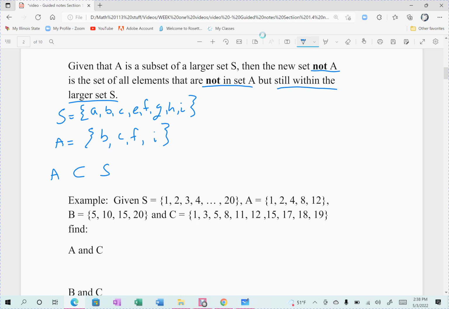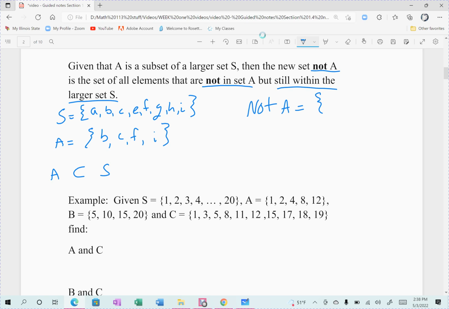And we want all of those that are not in set A. So anything from set S that's not in set A, that's what we want. So basically you go through set S and you pick those out.